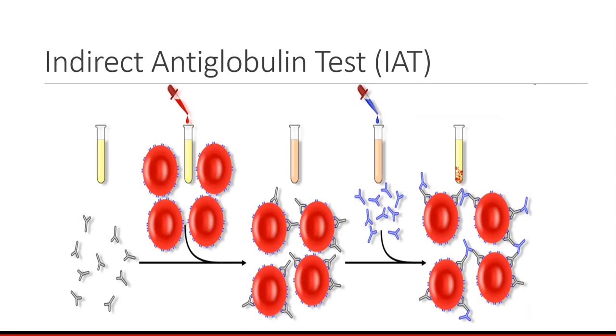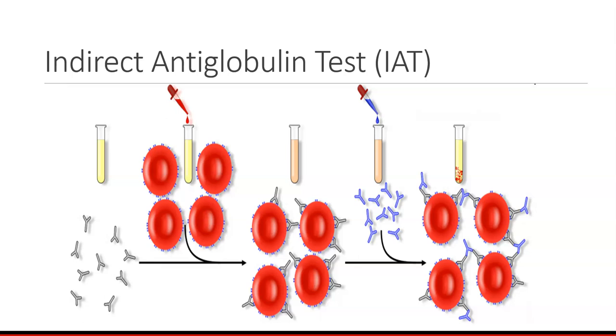So this is an illustration of the IAT. So we have antibodies in serum, and we have red cells that are not coated with antibody. That's key. These are not coated with antibody. So what we do is we incubate the serum with these unknown cells, and during the incubation at 37, if the antigen is present to which this patient has an antibody, IgG will bind.